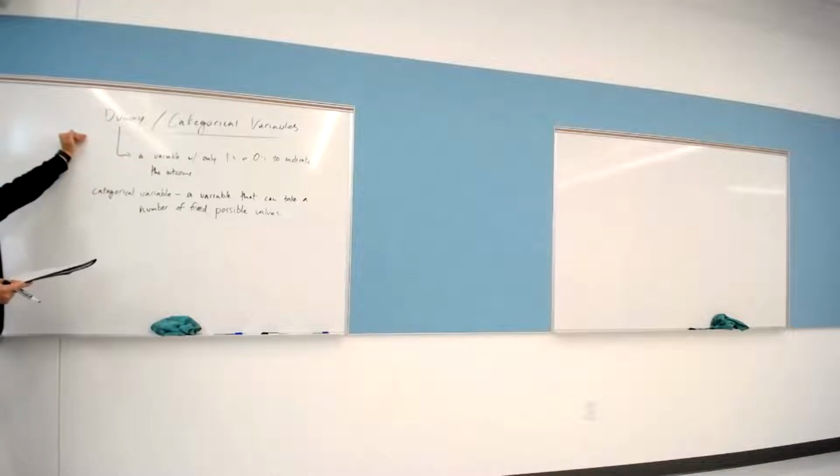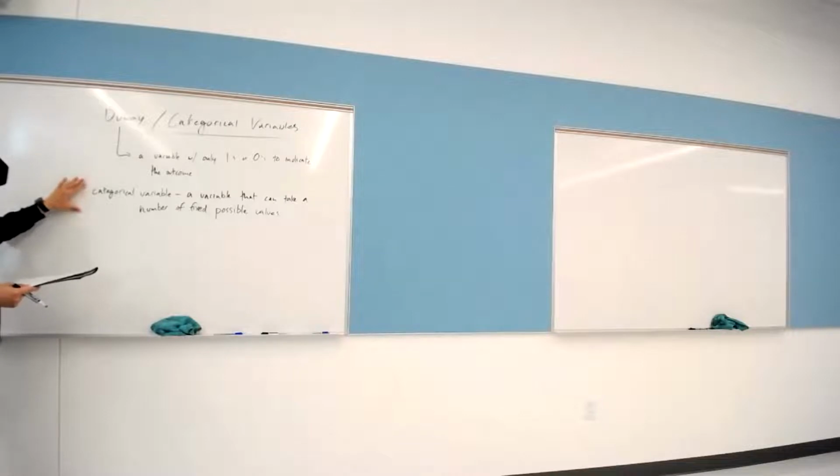Okay, so a dummy variable is actually a type of categorical variable. It's a subset of this where you can only have two possible values, but for a categorical variable, you can have as many discrete values as you want.